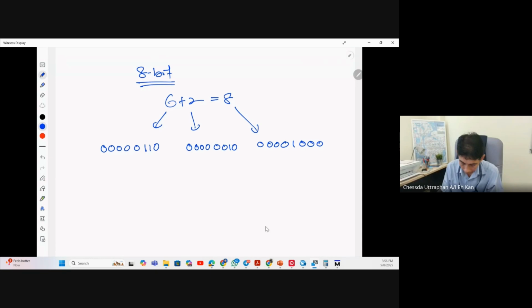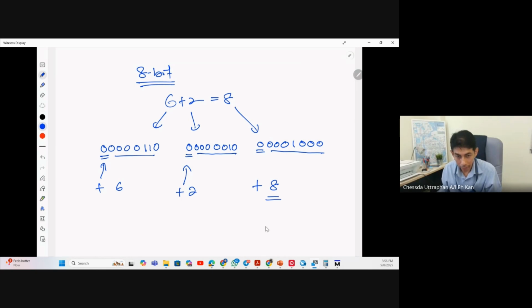And you see the sign. This is positive 6, this is positive 2, this is positive 8. So this is good. No overflow if the system is 8-bit.